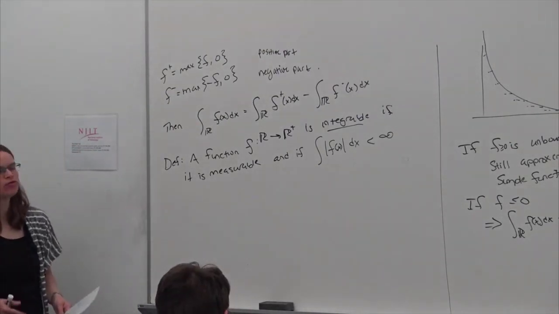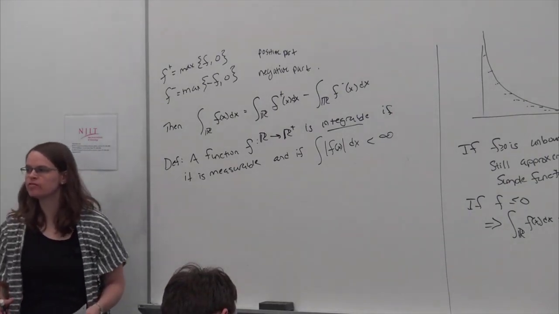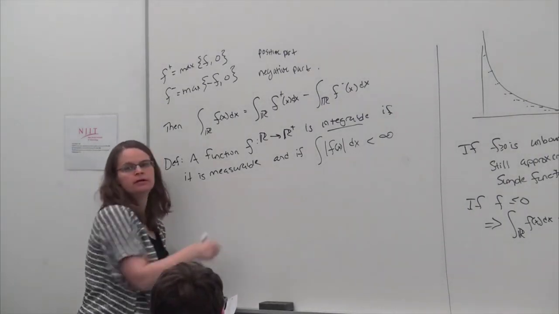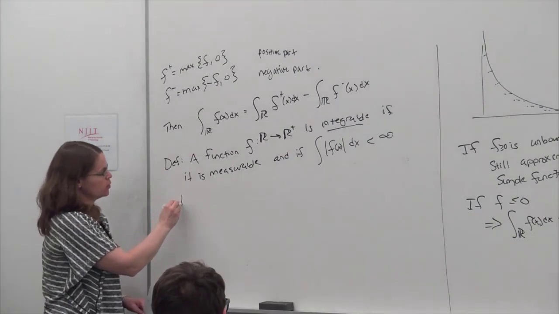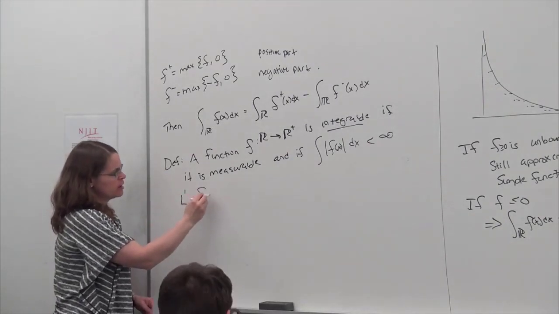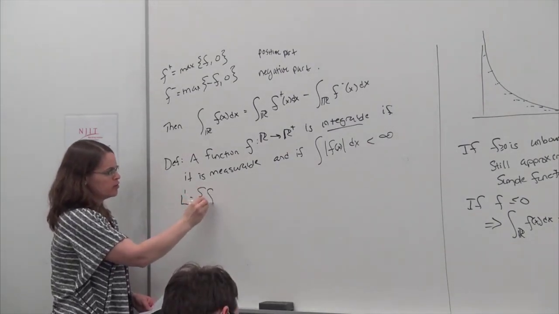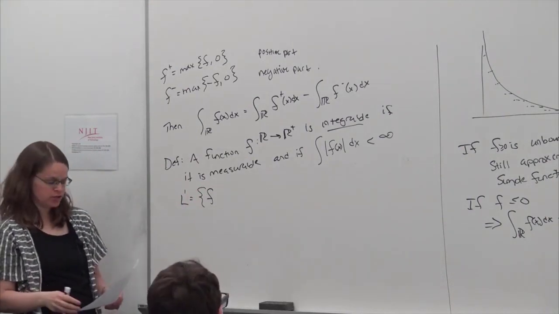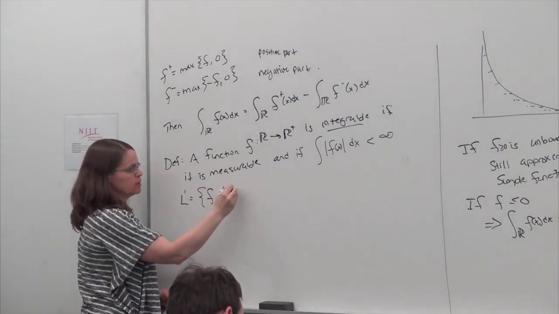And there's another name for functions that have this property, which is a name you'll have probably seen before. So L1 is what we call the set of all functions which are integrable.